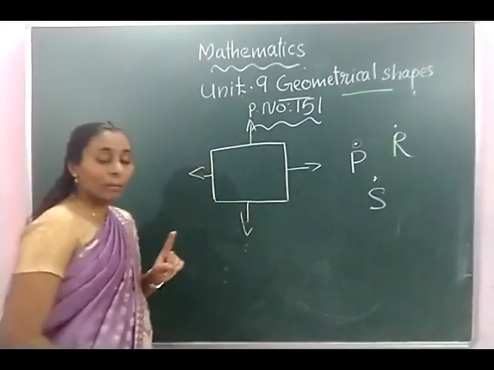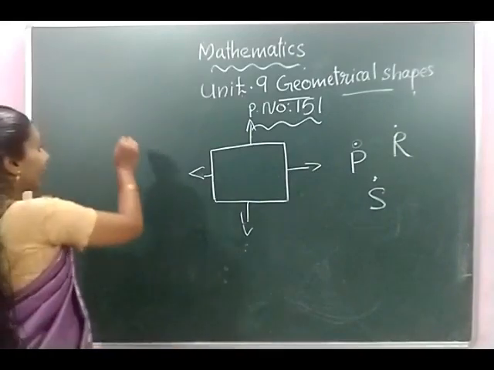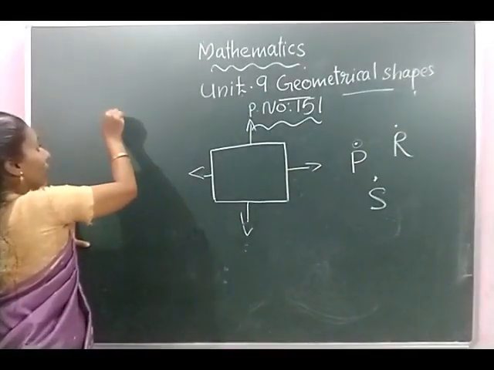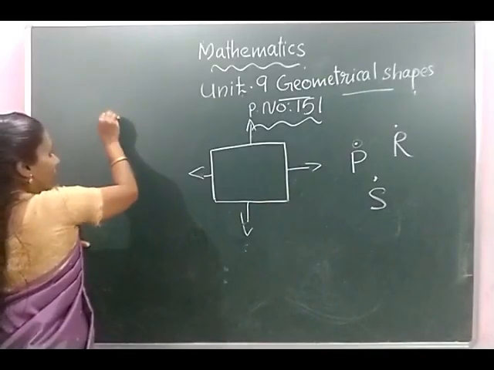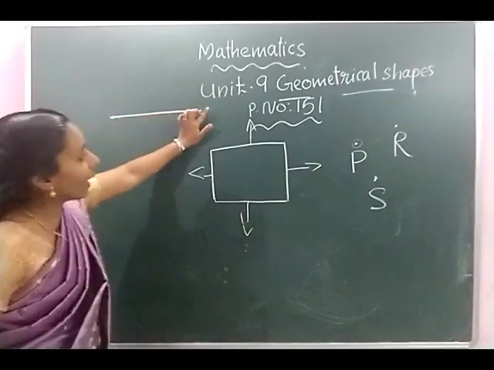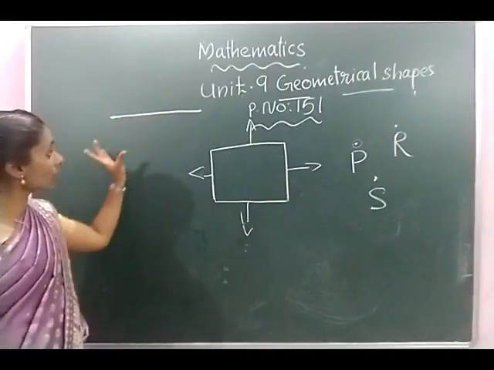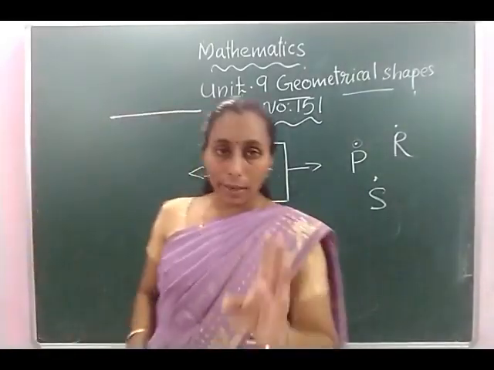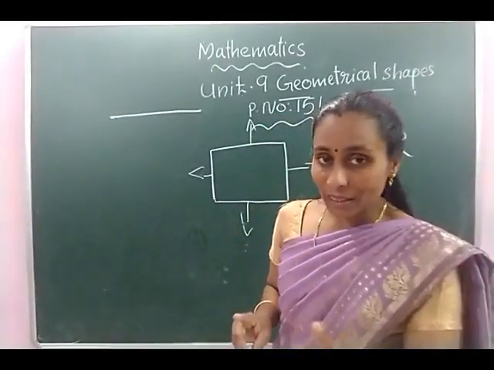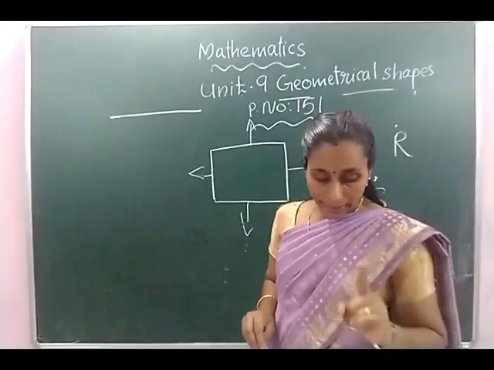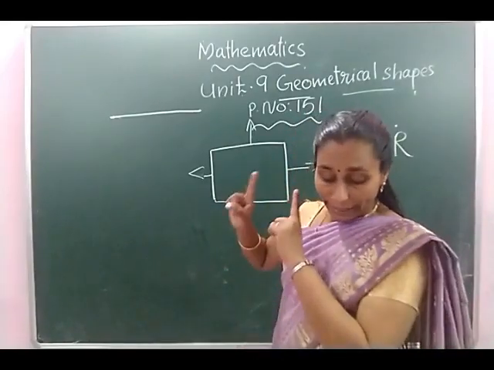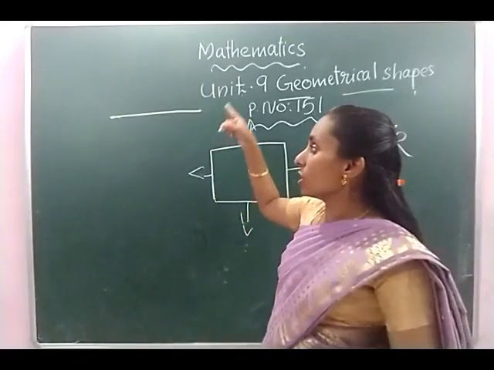Now, a line is a collection of points. Many points together form a line. Thousands of points together form a line. A line is a collection of points extending endlessly in both directions.